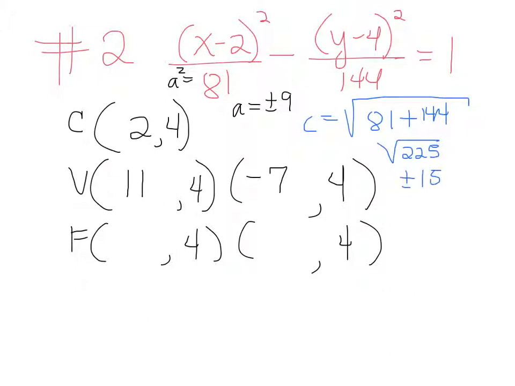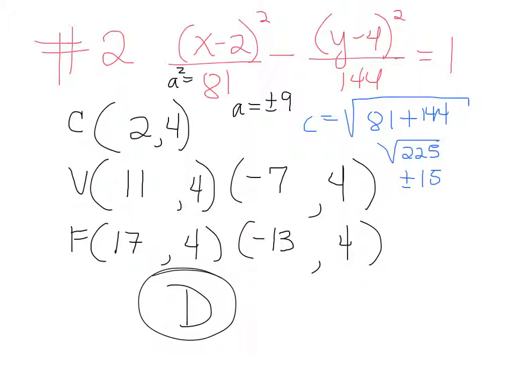So we need to add 15 to the x, which is going to be 17, and we need to subtract 15 from the 2. So it's 2 minus 15, and that would be -13, right? And therefore, if you look at the answer choices, what's the answer? Is that D? It is, right? So it's letter D.